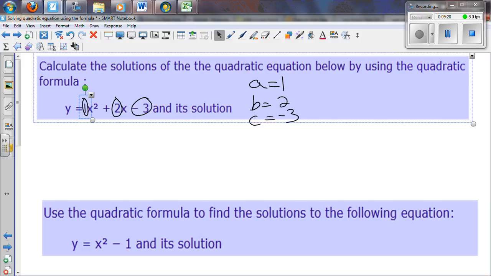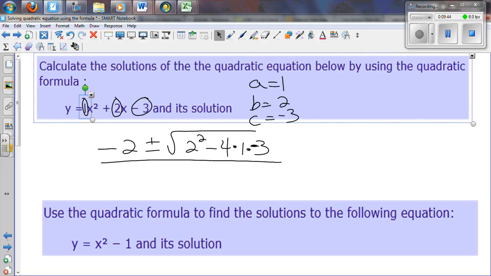So we're going to put that into our equation: negative b plus or minus the square root of b squared minus 4 times a times c, that's a negative 3 there, all over 2 times a.